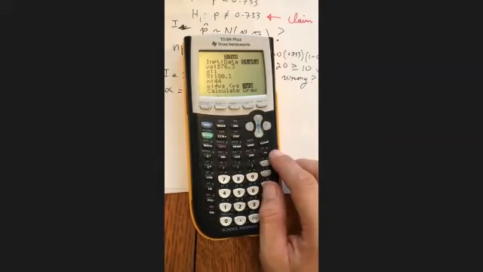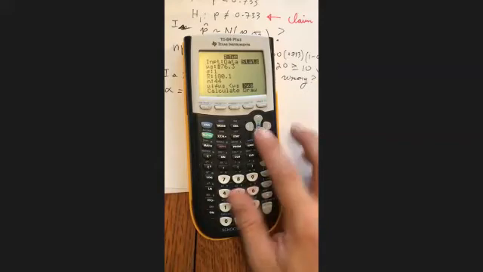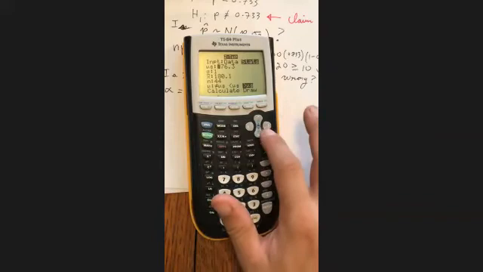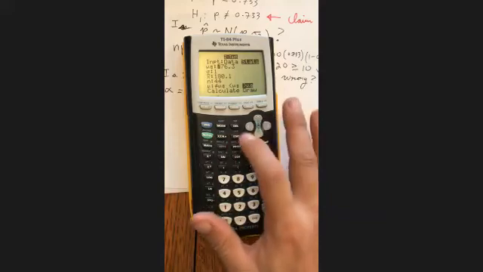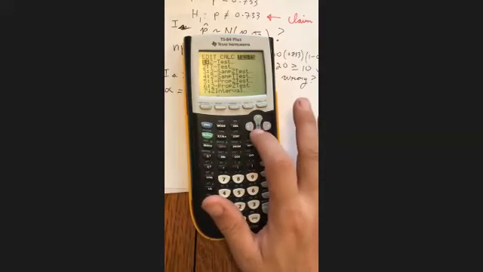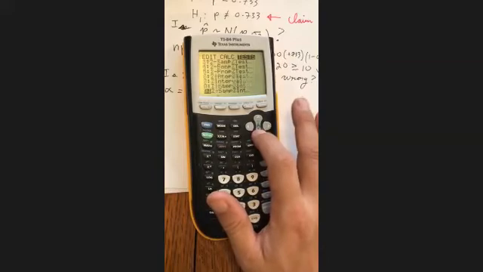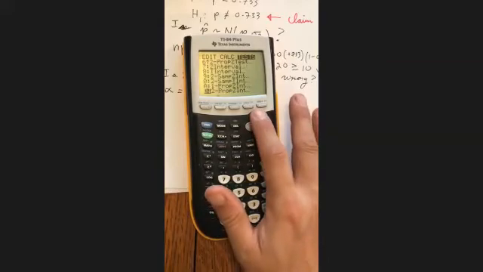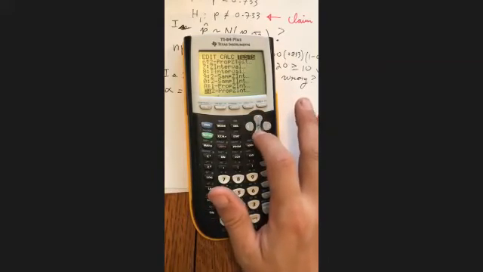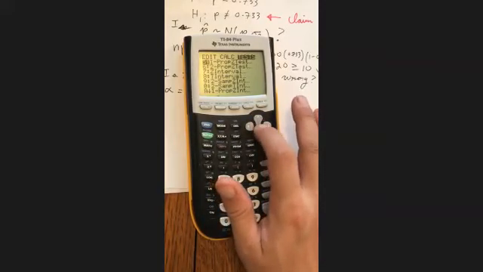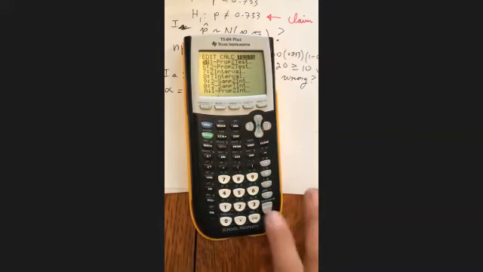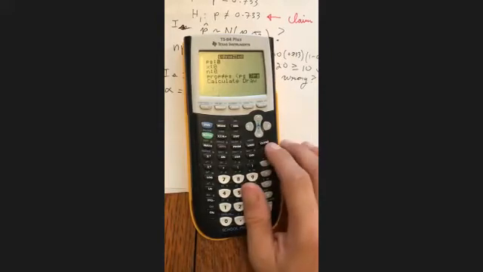And actually, let me see something. We can do a z-test, but let's see if they have a proportion. There it is. One proportion z-test. That is what we want to use. So the fifth option. There we go.